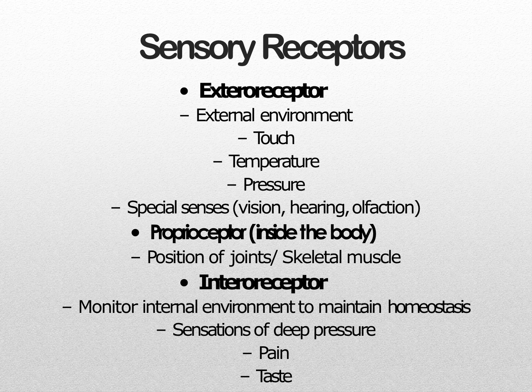So I guess both ways are correct, but interoceptor is what is written in your book. This is an internal sensory receptor, and it monitors the internal environment to maintain homeostasis, which is balance.